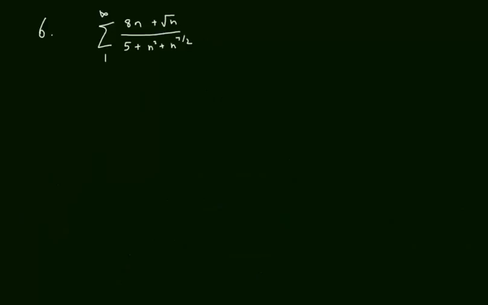Final example of the lesson. Example number 6. We want to prove whether this series converges or diverges. I believe that the hardest part about this is determining what Bn is going to equal. Here's my An.